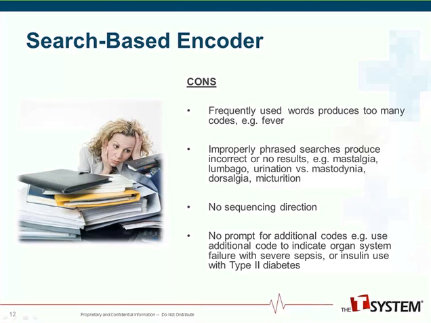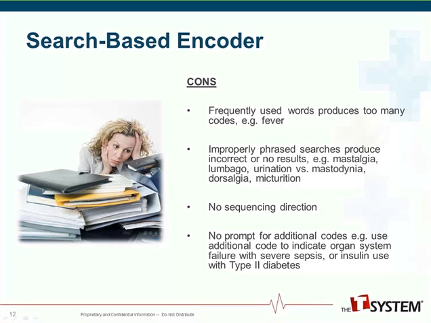Urination can be described in ICD-10 with the word urination, but it's also described with a nearly synonymous term, micturition, something that is not commonly used at all. So if you're looking for the code that uses the word micturition, if you're typing in urination, you're not going to find it.